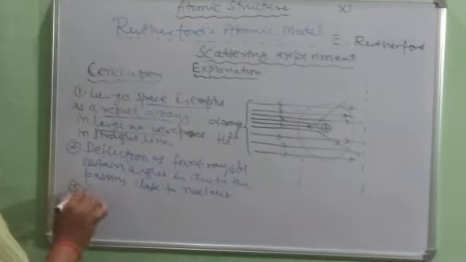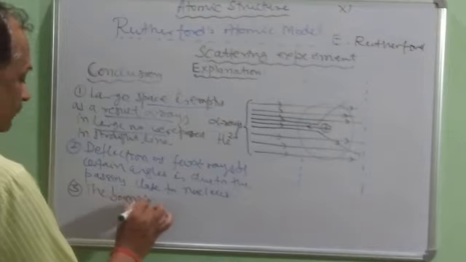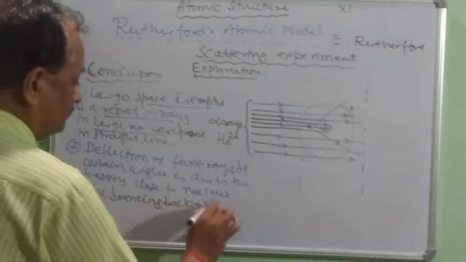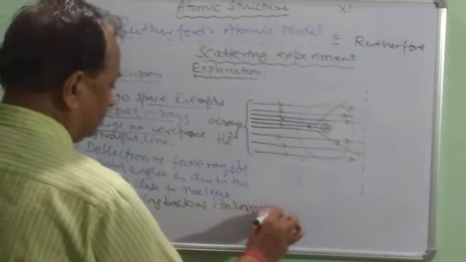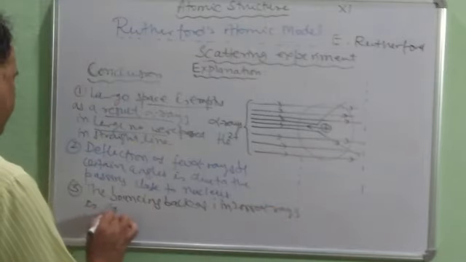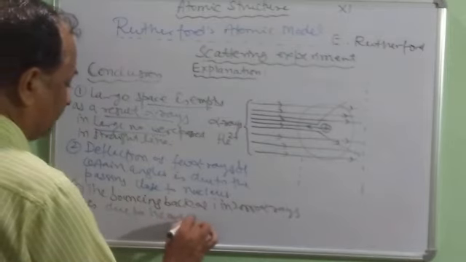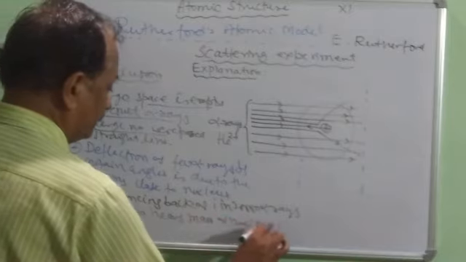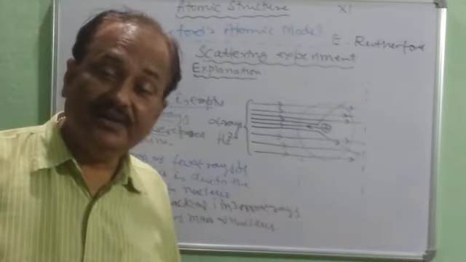So the bouncing back of 1 in 20,000 alpha rays is due to the heavy mass of the nucleus. The mass of the atom is concentrated in the nucleus.